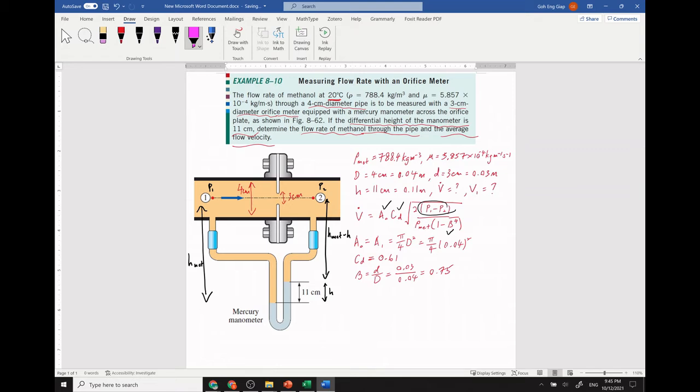So if we follow this line from P1 down, here, and then we move here, and then we go up.